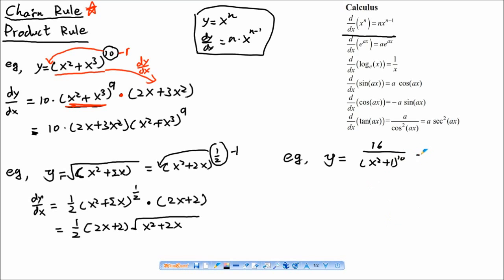What I do is I try to rewrite it first. I would have 16 times bracket x squared plus 1, power of minus 10.